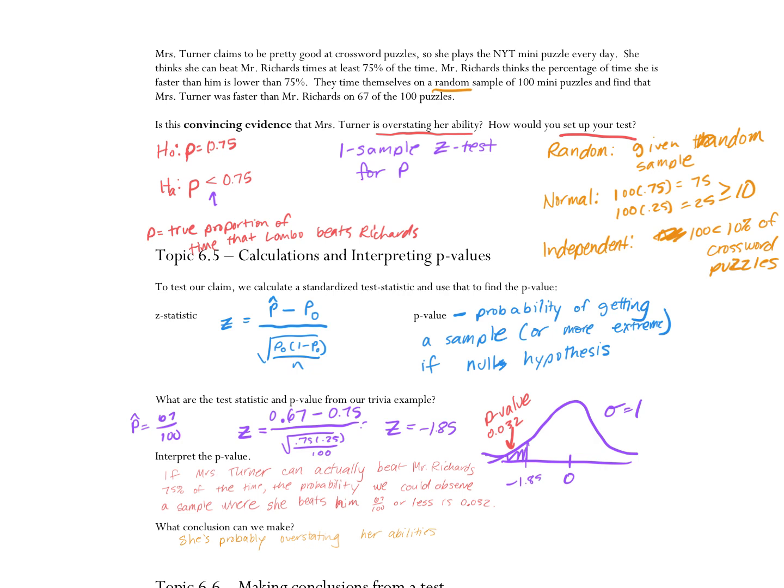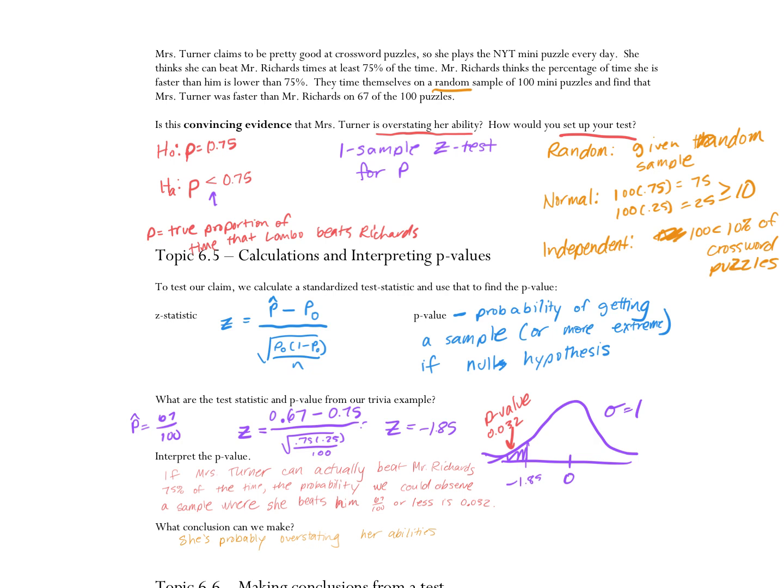But are you convinced? Are you guys convinced to say, nope, she beats him less than 75% of the time if in that sample you got 72 out of 100? It's pretty close, right? Could that 72% have happened by chance?